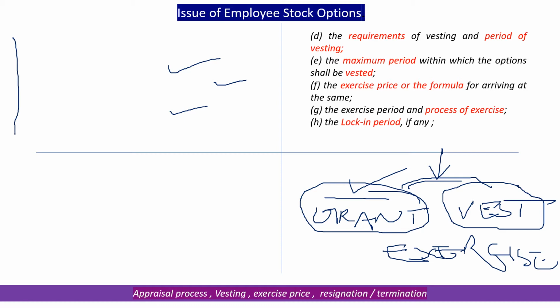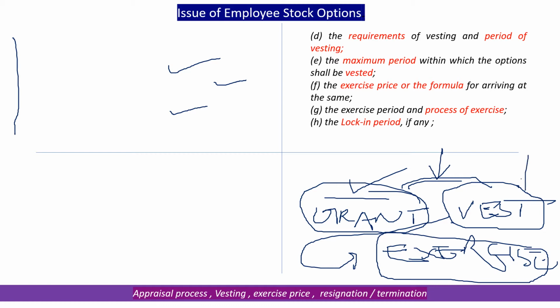Once it vests in him, it becomes his personal right to buy those shares. Grant vests. Once it vests in him, when it becomes his right, he can exercise his right to buy and he can take his time. And that period is called exercising period. Means the share moves from grant to vest to exercise.